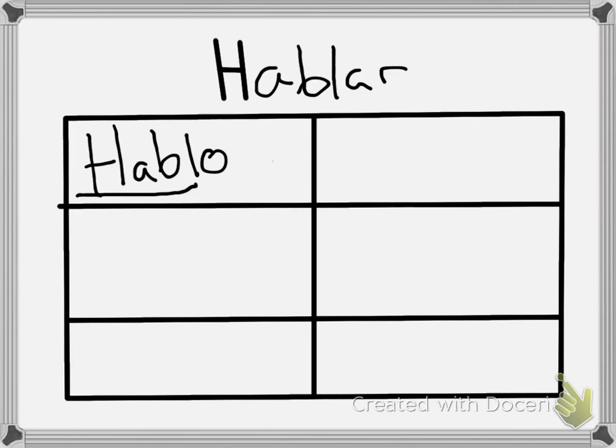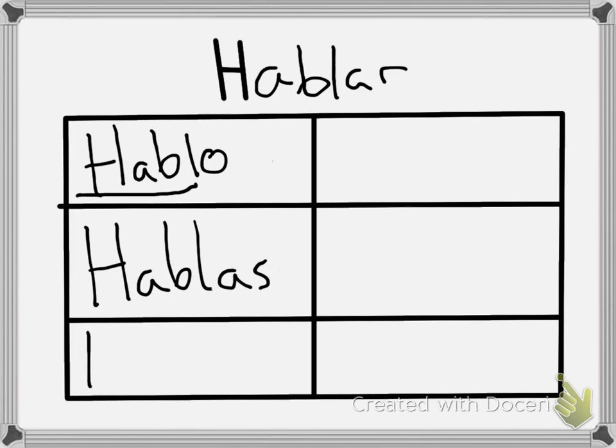If I were to do the same thing for the tú form, I have my original verb, my infinitive, hablar. I erase the last two letters, and then I add on the appropriate ending, AS, tú hablas. For the él, ella, and usted form, I use the letter A as my ending, habla.